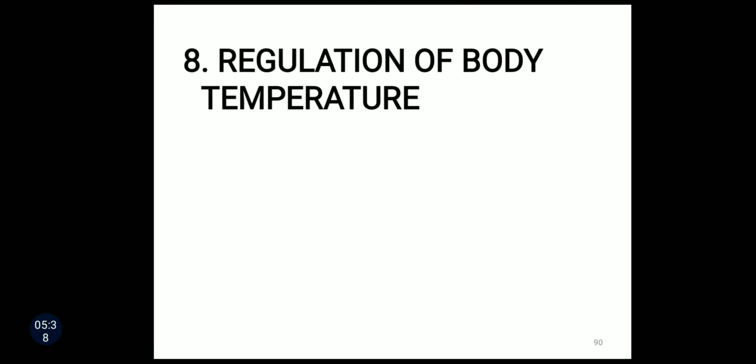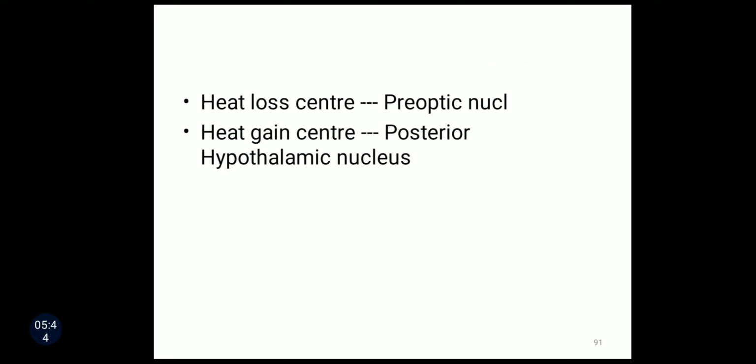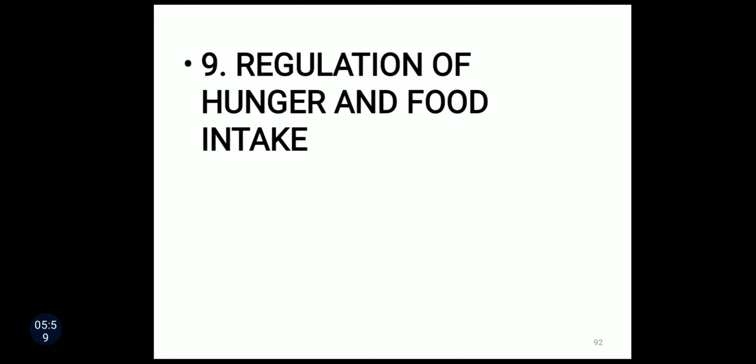To regulate the body temperature, there are two centers in the hypothalamus. One is called the heat loss center, and the second one is called the heat gain center. The heat loss center is situated in the preoptic nuclei, whereas the heat gain center is situated in the posterior hypothalamic nucleus.